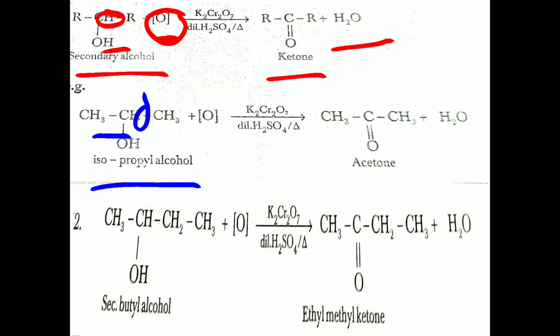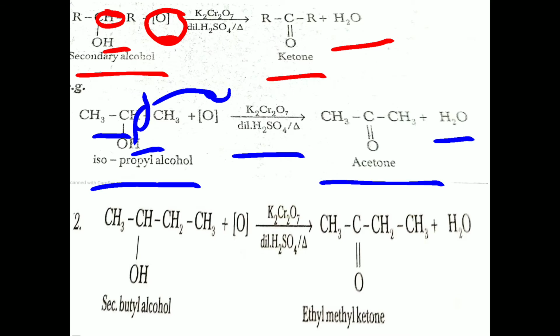One hydrogen from this carbon and a second hydrogen from the OH, that means two hydrogens are removed, react with this O, and we get the byproduct H2O, and there is formation of CH3-C(=O)-CH3. That means acetone is formed from isopropyl alcohol in the presence of K2Cr2O7 and dilute H2SO4 when it undergoes oxidation.